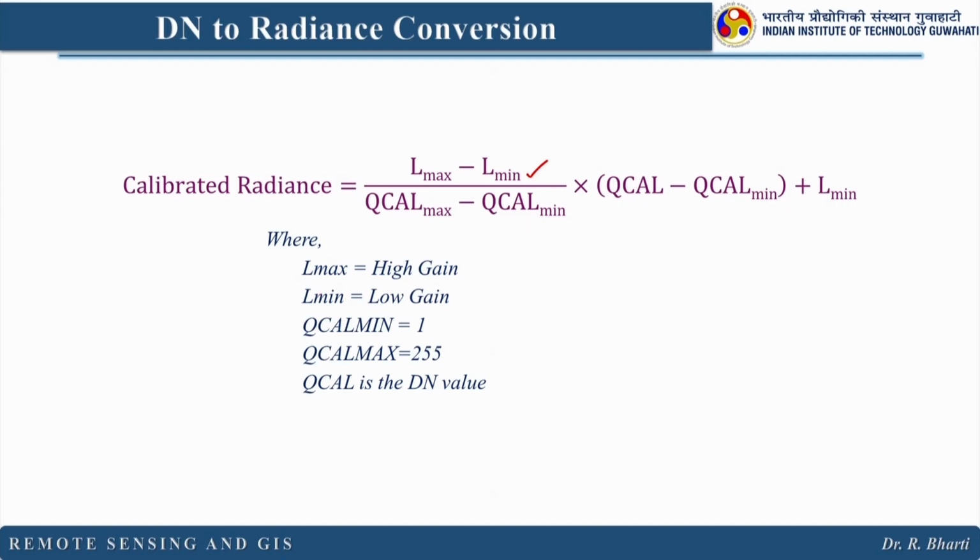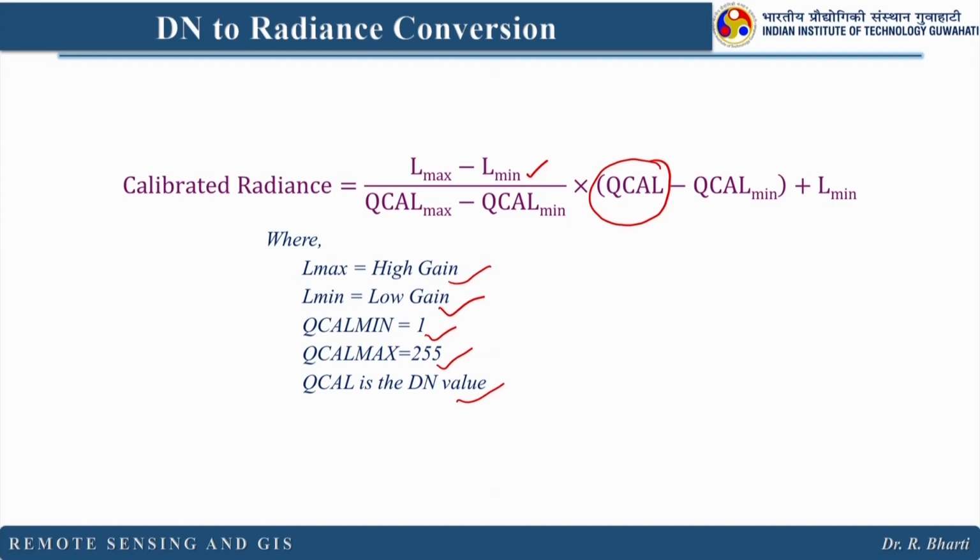Basically L max is high gain, L min is low gain, right, then Qcal min is 1, Qcal max is 255, and Qcal is the DN value. So you can put your DN value here, and all the other information like L max, L min is provided by your space agency in the metadata file.